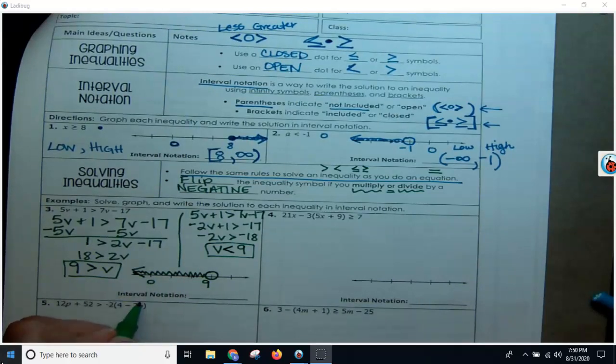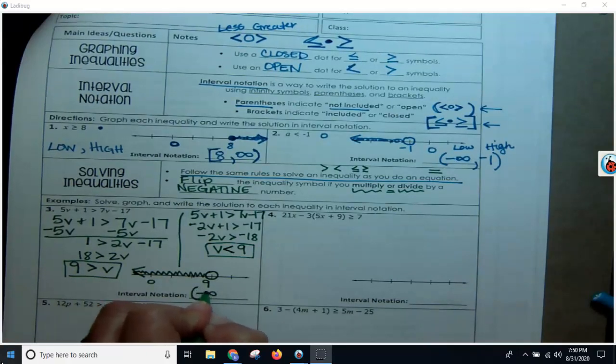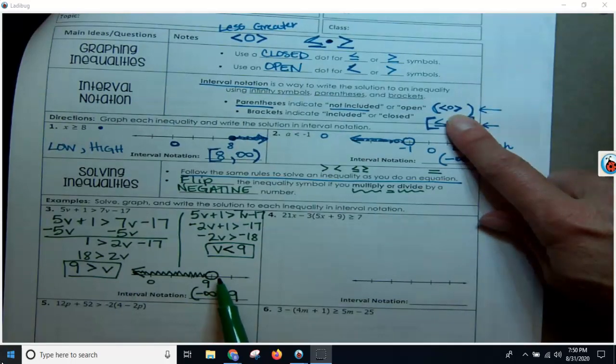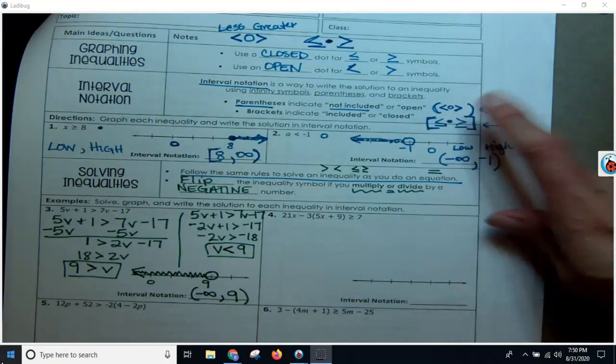So when I'm doing my interval notation, the lowest number is negative infinity. The highest number is 9. And since it is an open circle, or not including 9, then I'm going to use the parentheses. Okay, hopefully that is making sense.